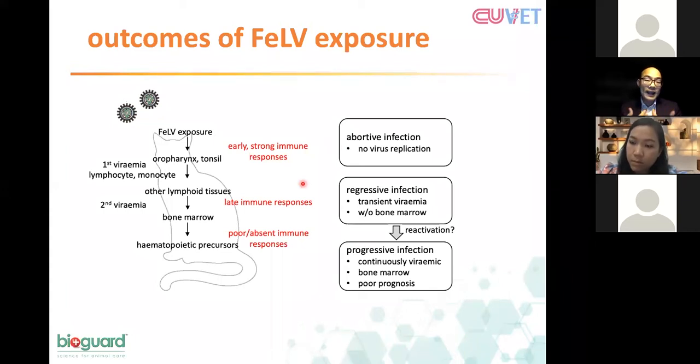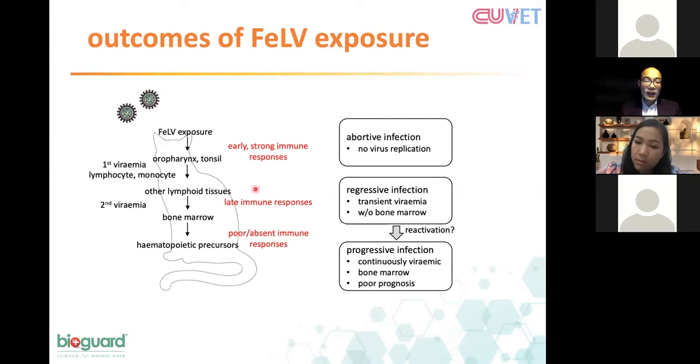However, in most cats, the immune response does not come as early as in abortively infected cats, and this allows the virus to replicate enough in the oropharynx and tonsil and start to get into the circulation, associated with lymphocytes and monocytes, creating a primary viremia in which the virus migrates into other lymphoid tissues.